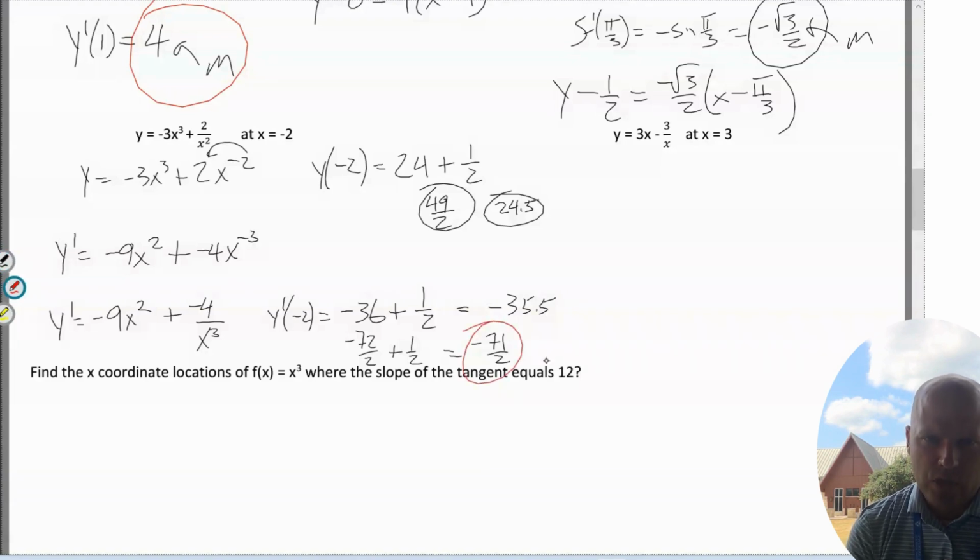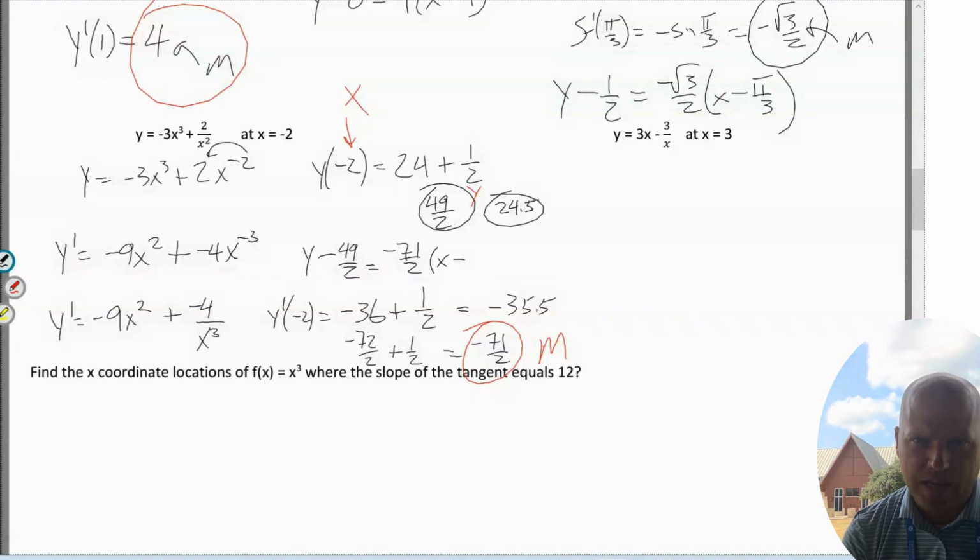This is your m. This is your x. This is your y. Y minus 24 and a half. No, I need you to be ready for fractions. You need to be ready for fractions. Common denominator is very important. Equals negative 71 halves x plus 2. Let's see it.